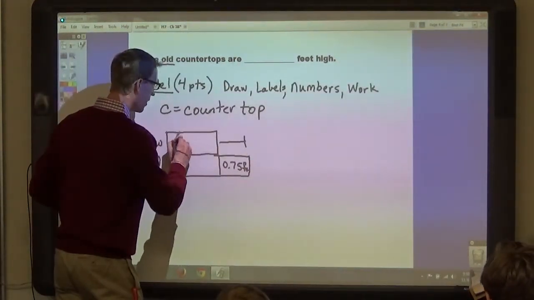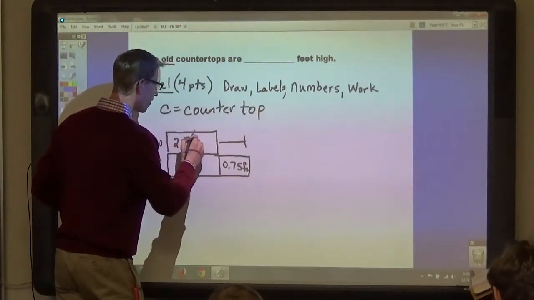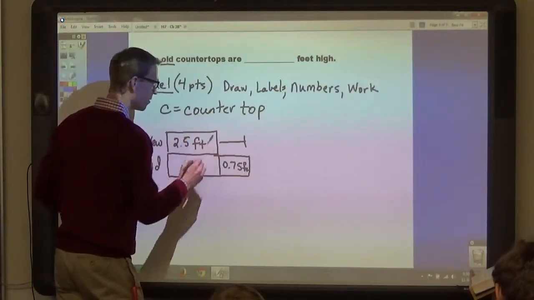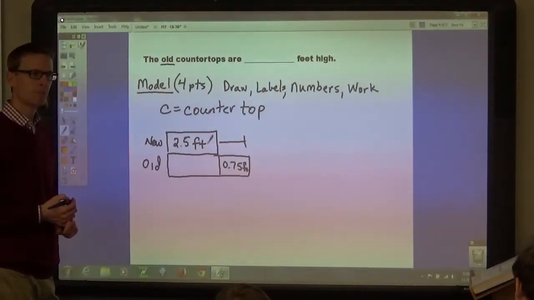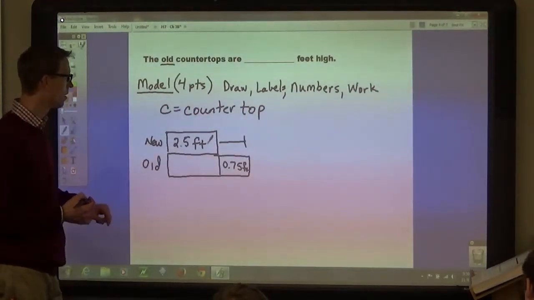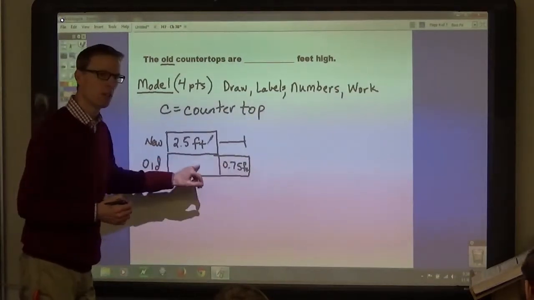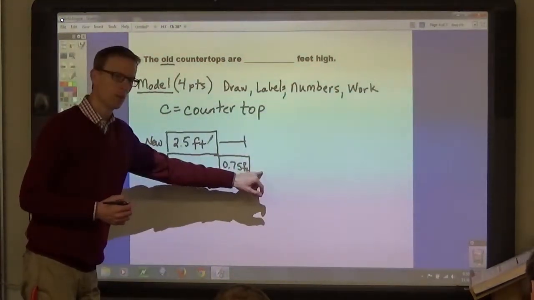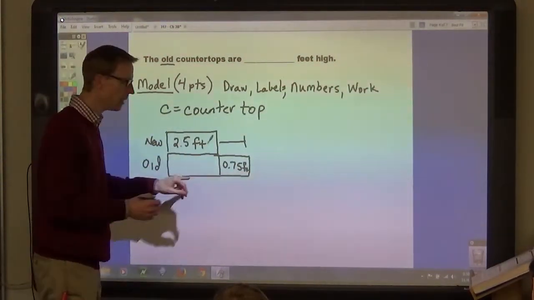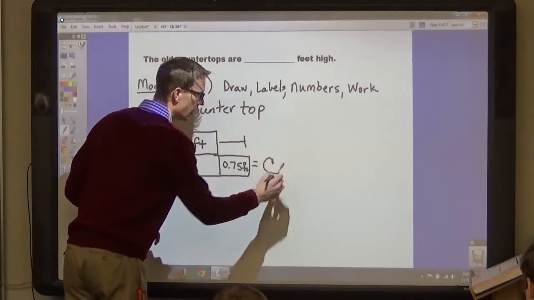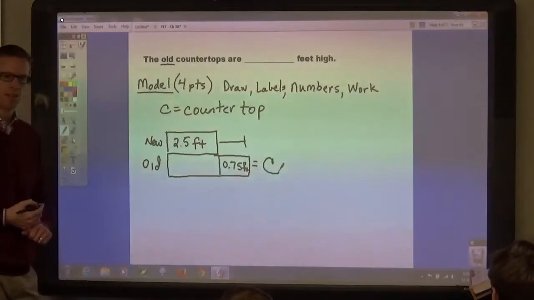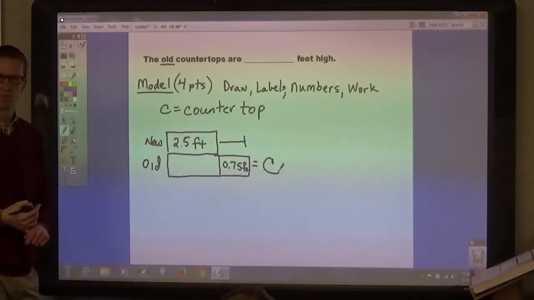So this one is 2.5 feet, right? And we're looking for how long this one is, right? So this is C, right?